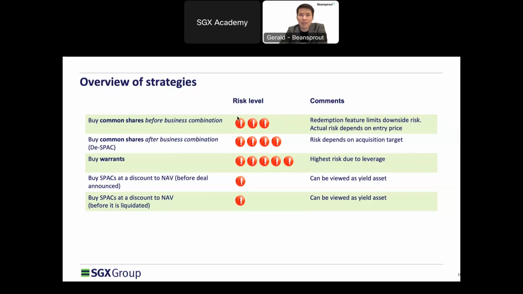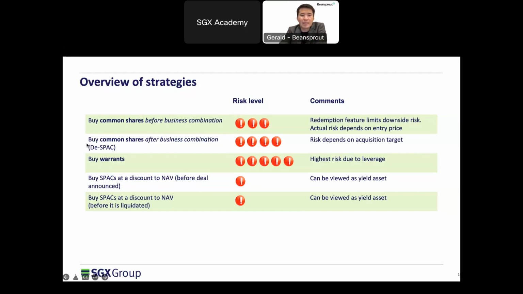But at the same time, the actual risk will depend on your entry price, because sometimes we can see that SPACs may trade above the redemption price. What this means is that you might still be presented with the risk of capital loss if your entry price is very high. So that is buying the common shares before the business combination.